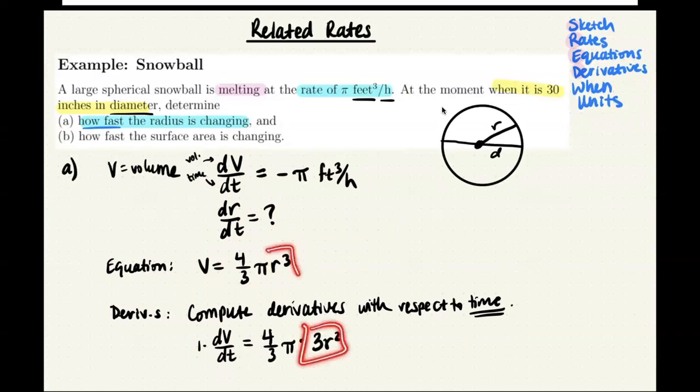This is the derivative of r cubed there. But because I'm taking derivatives with respect to time, and r secretly depends on time, like the radius is changing as the snowball melts, I have to write dr/dt next to that. Okay.